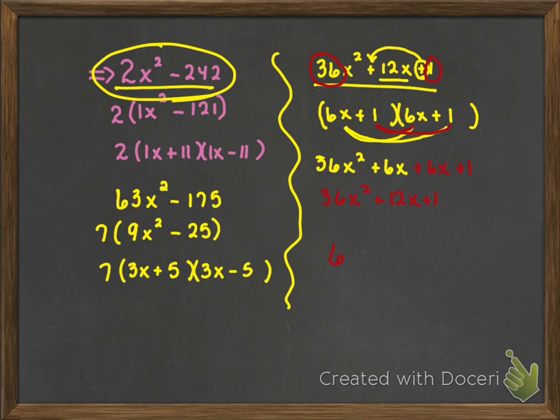Take the square root of the last number, the square root of 1 is 1. Multiply those together and double it. If that product is equal to my middle term, it will factor into this pattern right here. Okay, so let's do another one of these.